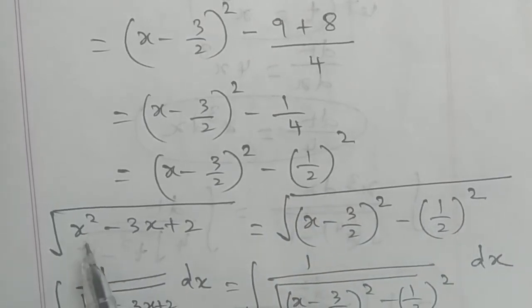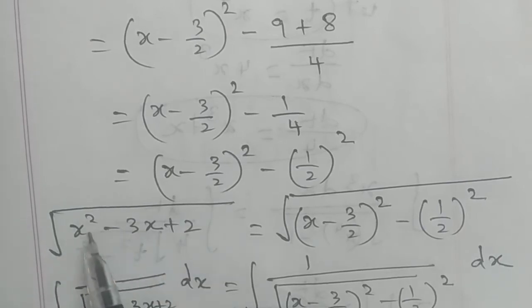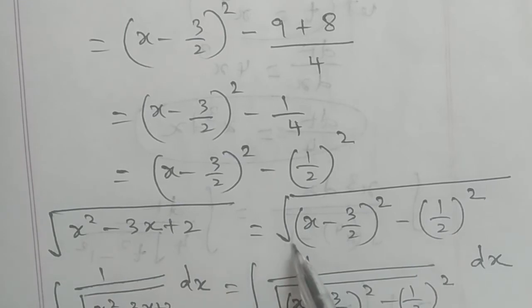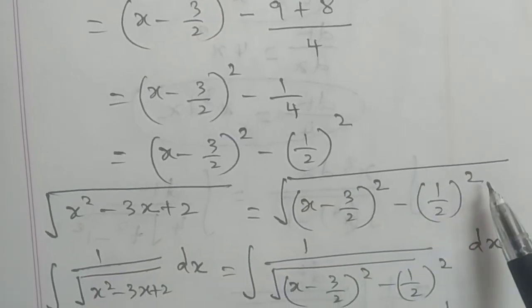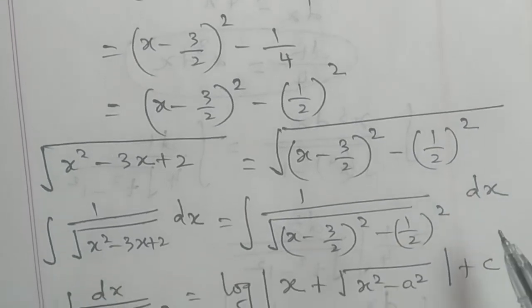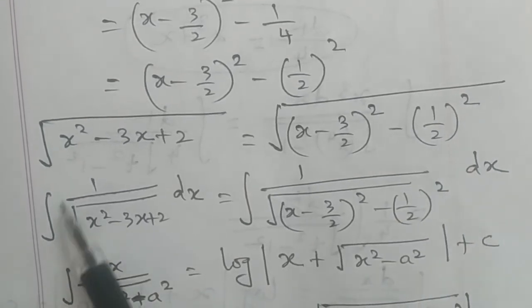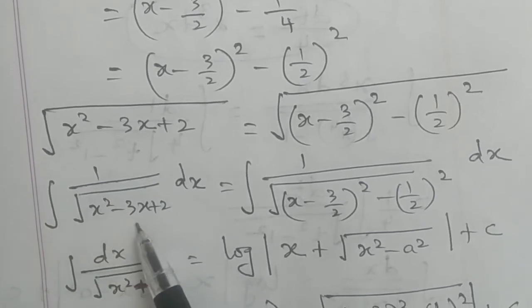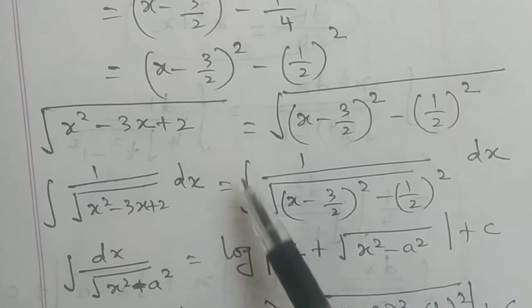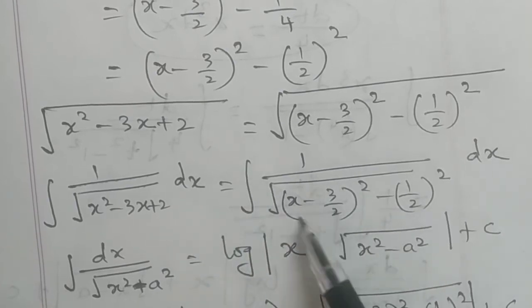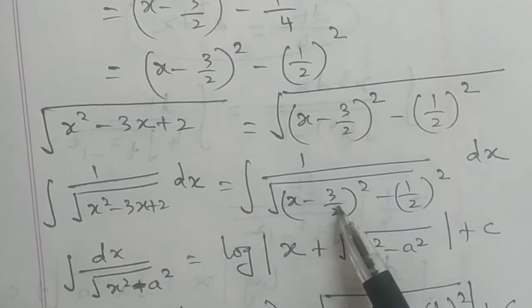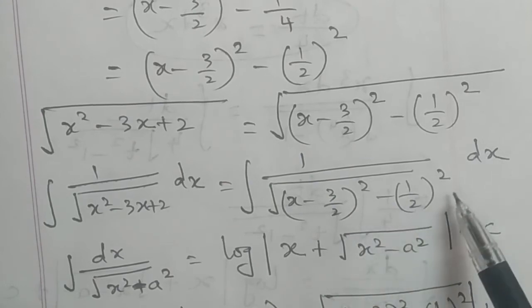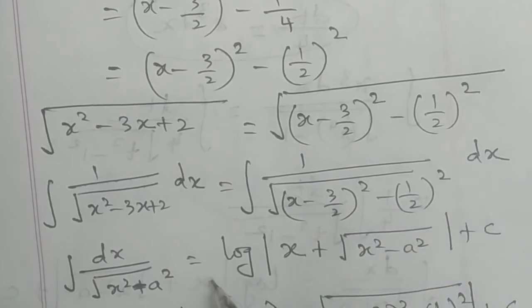The given root, square root of x square minus 3x plus 2, we simplified in the form of square root of (x minus 3 by 2) the whole square minus (1 by 2) the whole square. Now substitute in the question: integral of 1 by square root of x square minus 3x plus 2 dx equals integral of 1 by square root of (x minus 3 by 2) the whole square minus (1 by 2) the whole square dx.